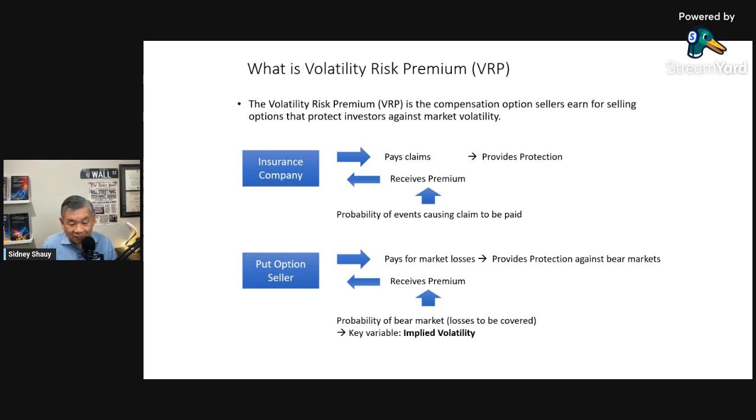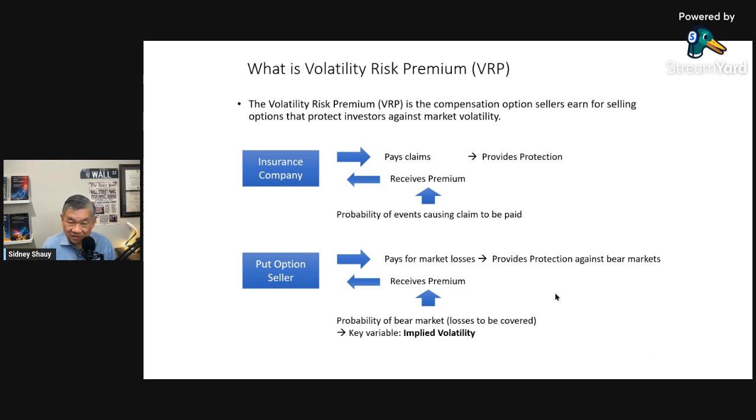But if you have a market that's very volatile, it goes up by a lot and goes down by a lot, it zigzags every day, that means the volatility is higher, and so the probability of losing money is higher as well.